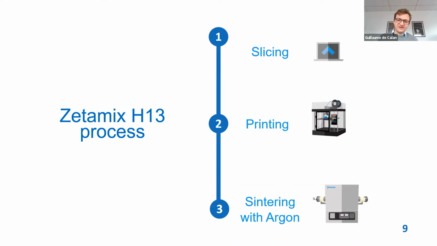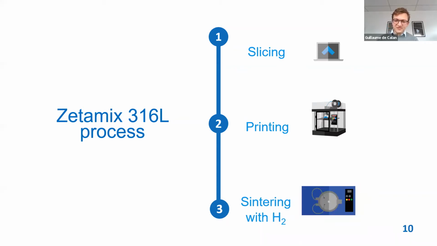For H13, it's quite simple. You can use argon. That's quite convenient. For stainless steel, for the moment, we still need to sinter under hydrogen, which makes it a much more expensive technology, because furnaces compatible with pure hydrogen atmospheres are much more expensive than furnaces for argon.